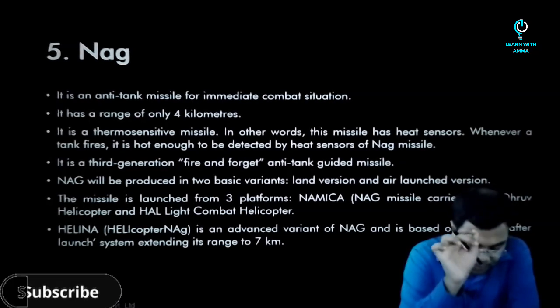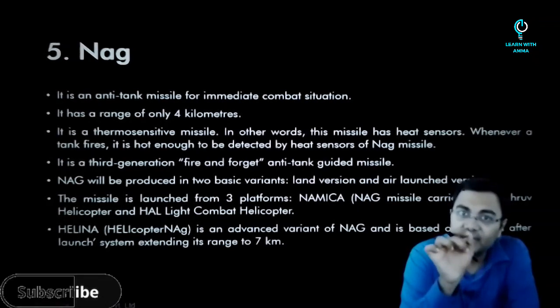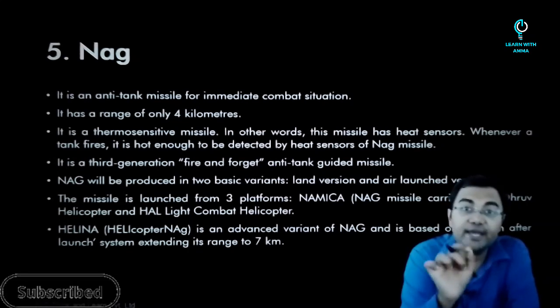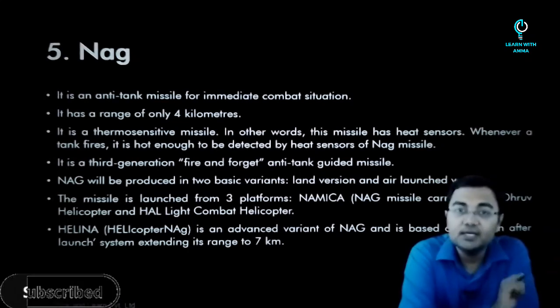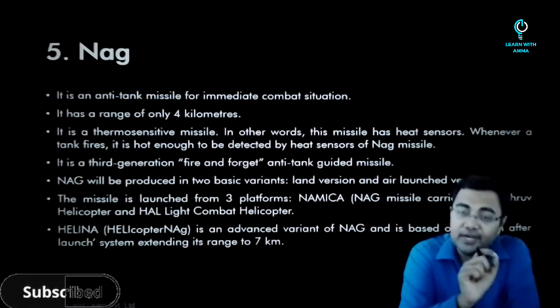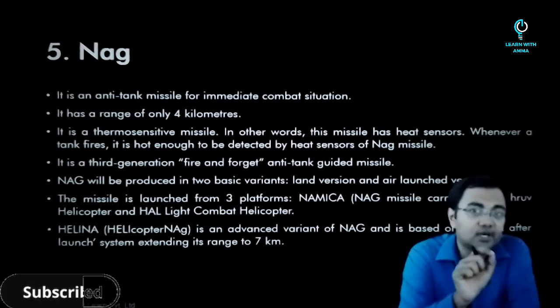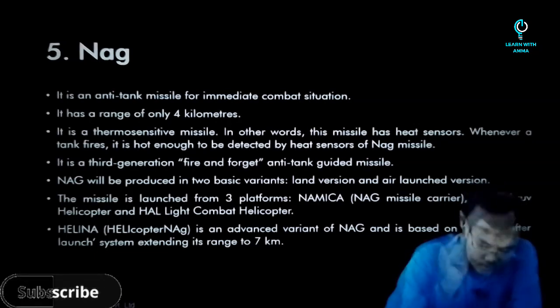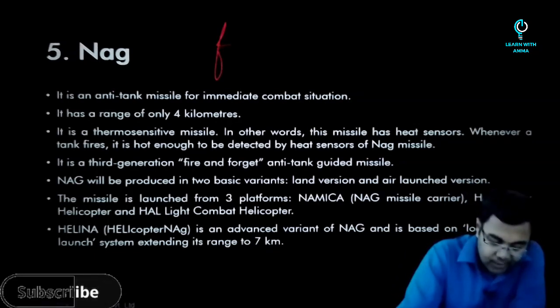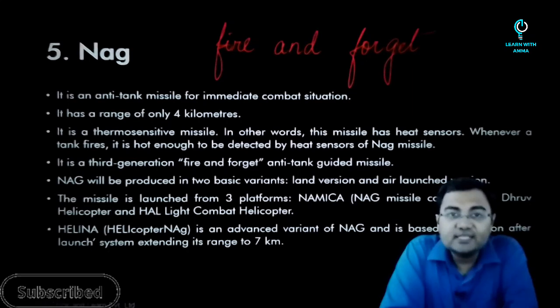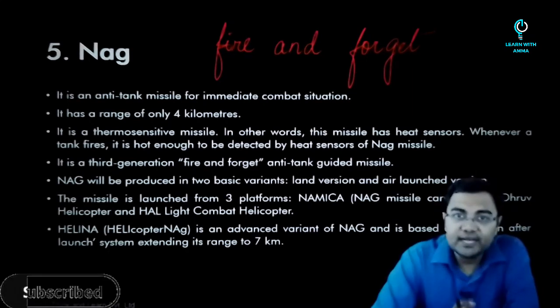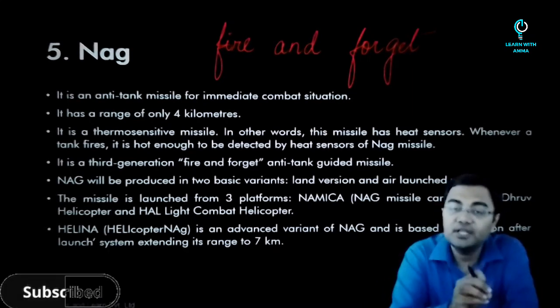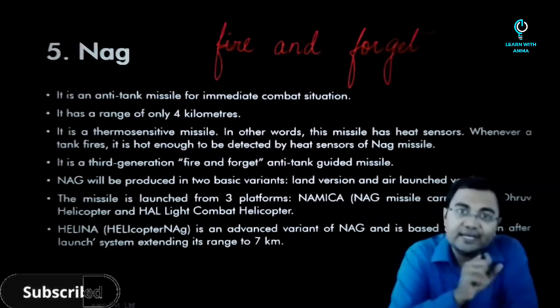Now, one very important point about Nag missiles is that it is a fire and forget kind of missile. What is the meaning of fire and forget? This is a particular term that you will usually see associated with most of the air to air missiles. When we say fire and forget, these are the missiles that have already been fed with all the information they need to make the attack.